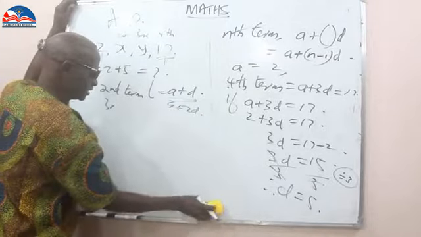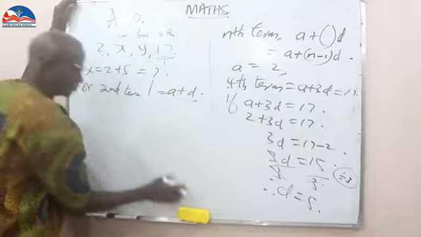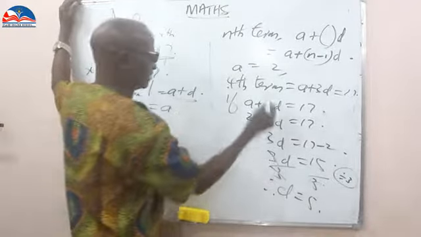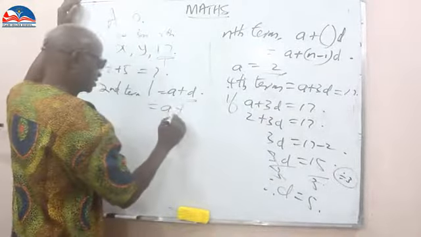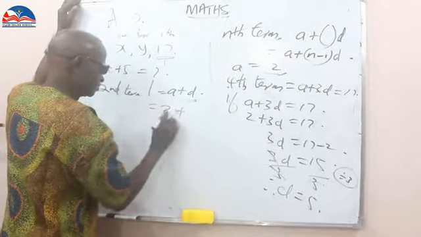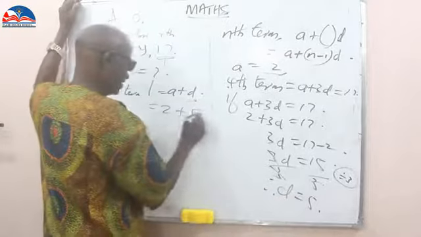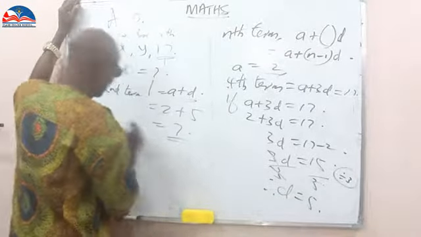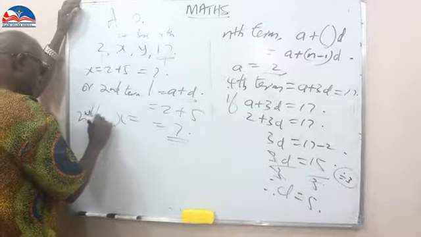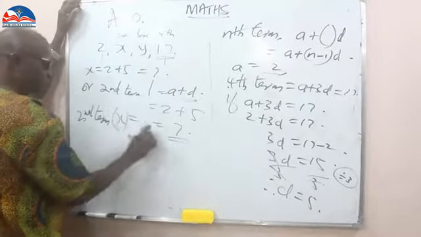So the second term is just A plus 1D. I know that my A is 2, so 2 plus my D, which is 5, gives 7. That's why x, the second term, equals 7.